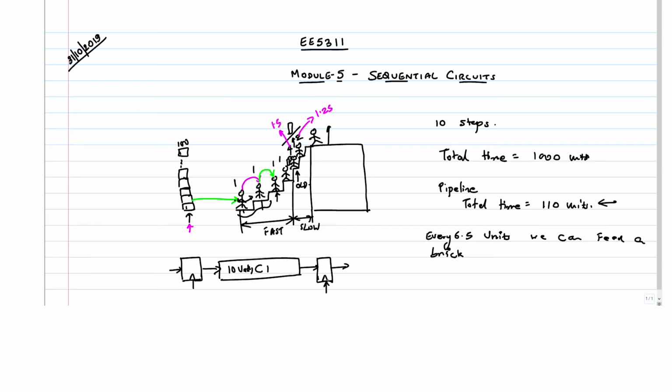This guy is called the launch flop. This is the capture, where you go and keep it eventually. That's going to capture that data. And you have a combinational block that's going to have a delay of 10 units in between.